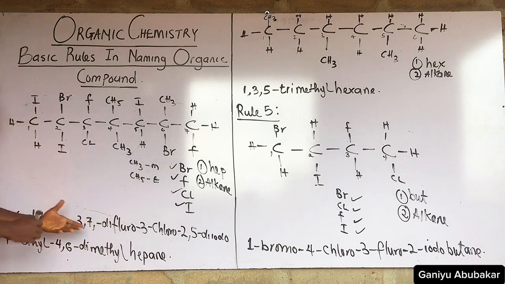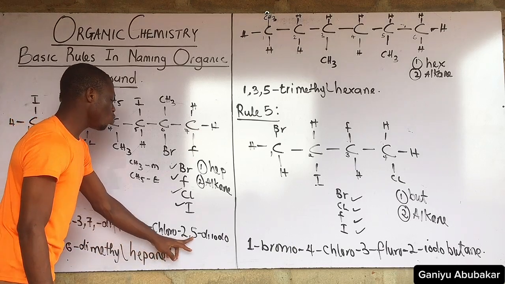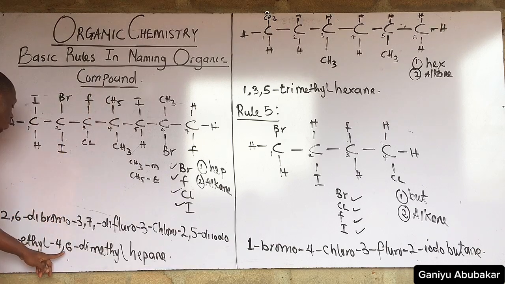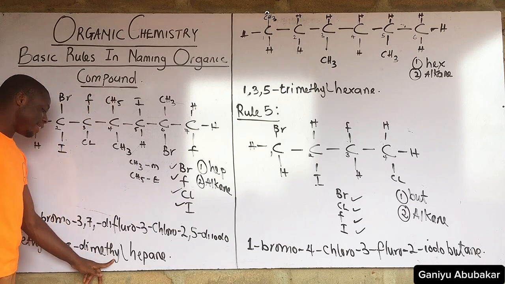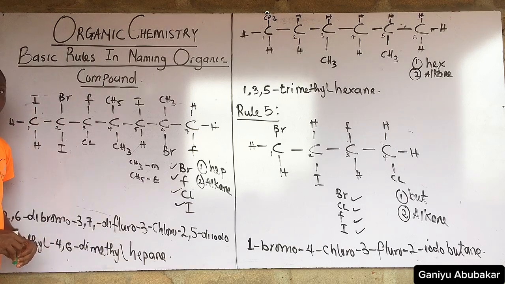Heptane. So this compound is called 2,6-dibromo, 3,7-difluoro, 3-chloro, 2,5-diiodo, 4-ethyl, 4,6-dimethyl hexane. So that's how to name this compound here, right?